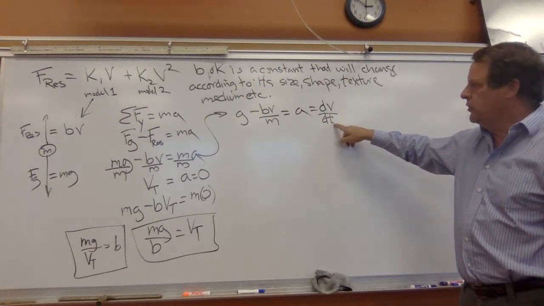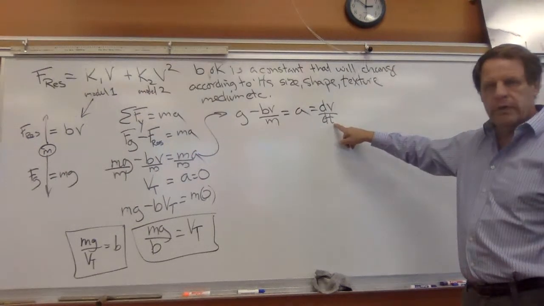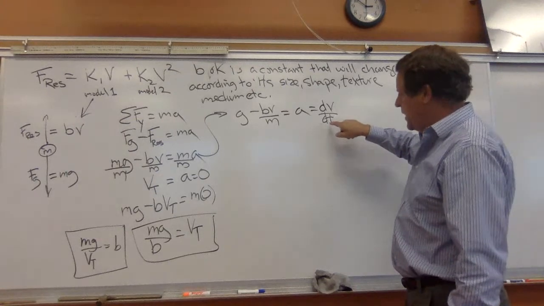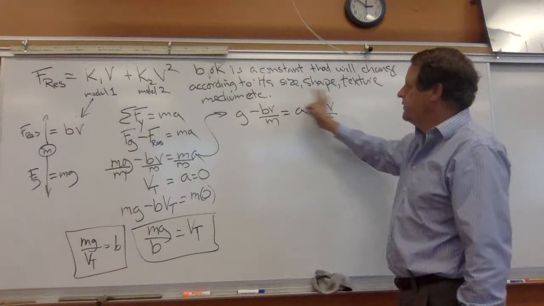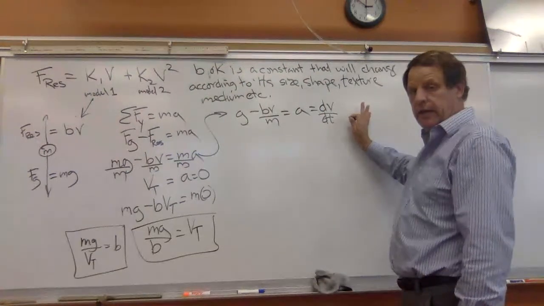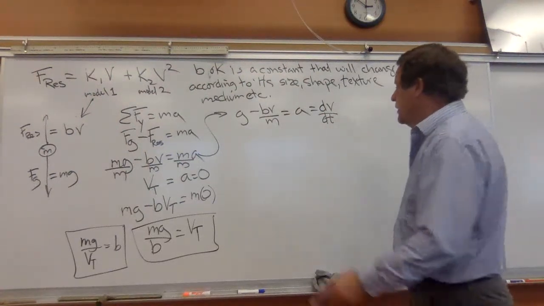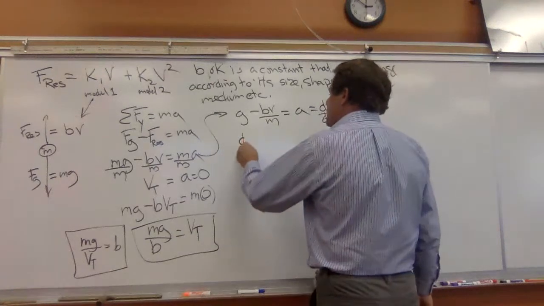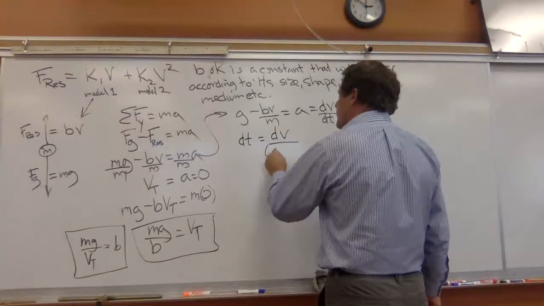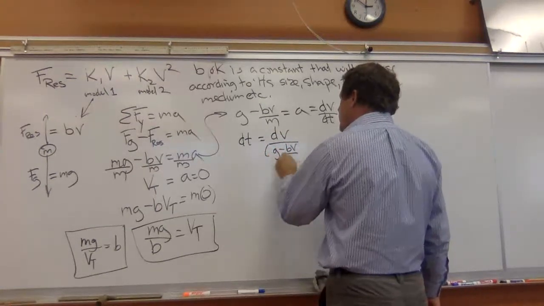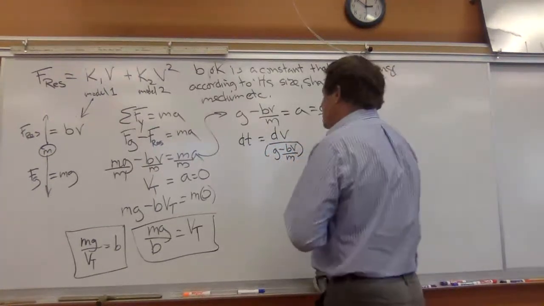So I'm going to do a little mumbo jumbo here, and I'm going to get the change in time, dt, on this side and everything else on that side. And you guys can check my work here. So I'm going to say dt is equal to dv over this g minus bv over m.